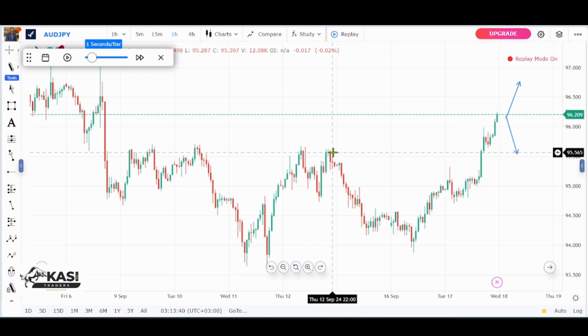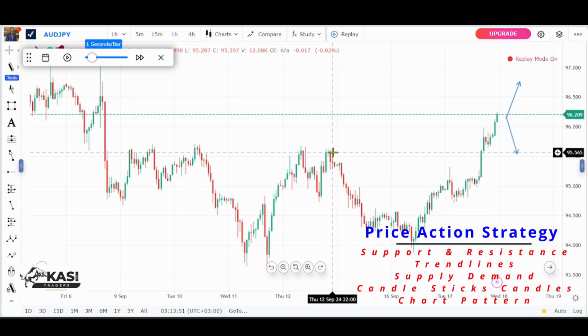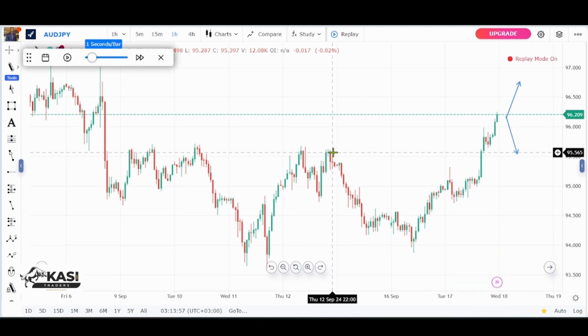It's trading based on action of price, and we use price action strategy in order to find high probability setups on things like support, resistance, trend lines, supply demand, candlestick patterns, chart patterns, and so on and so forth. Now, these are my 3-step process that guide me on my trading journey.